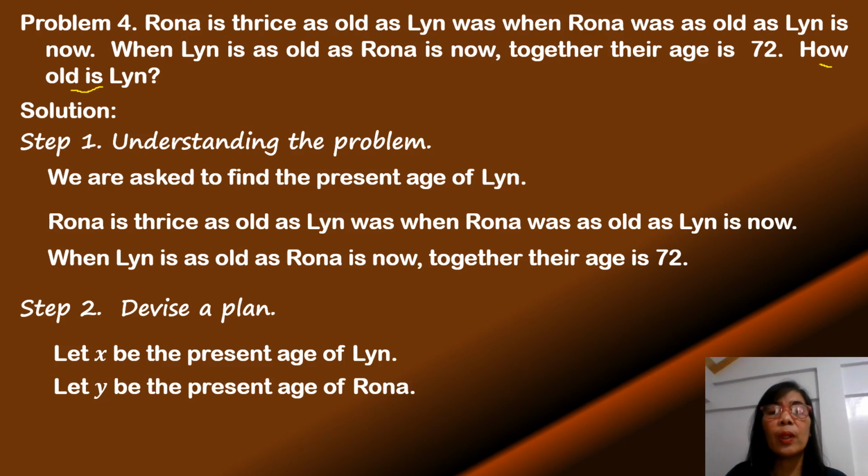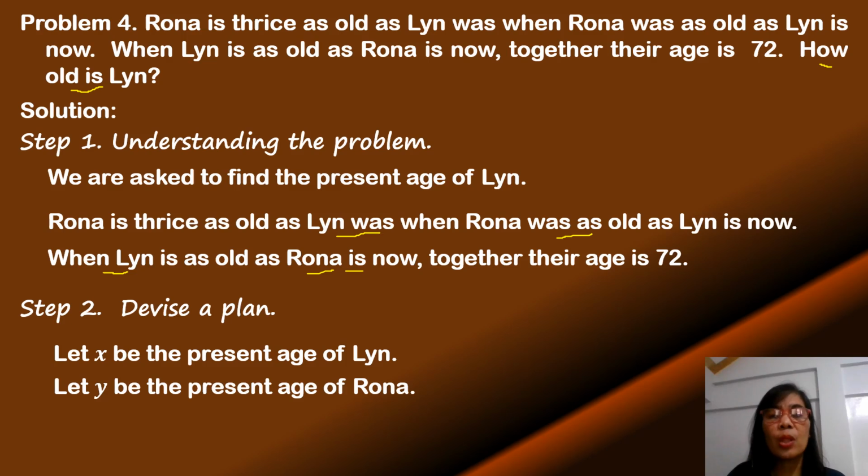But first, we need to understand the period of ages referred to in the problem. In the conditions, there is a mention of their past ages. So we have here when Rona was as old as Lynn. And in the second condition, when Lynn is as old as Rona is now, we are referring to the present age of Rona, and to that period when Lynn will become as old as Rona is now.